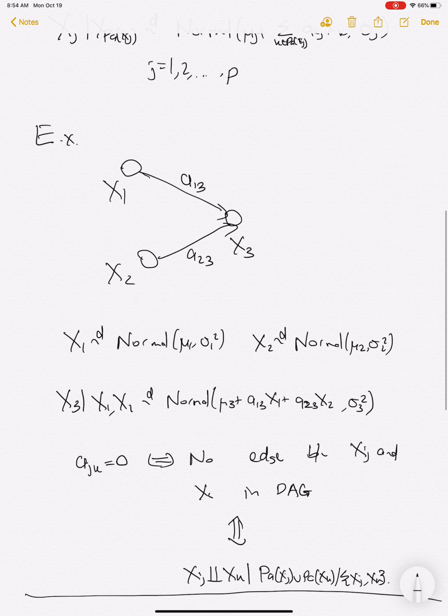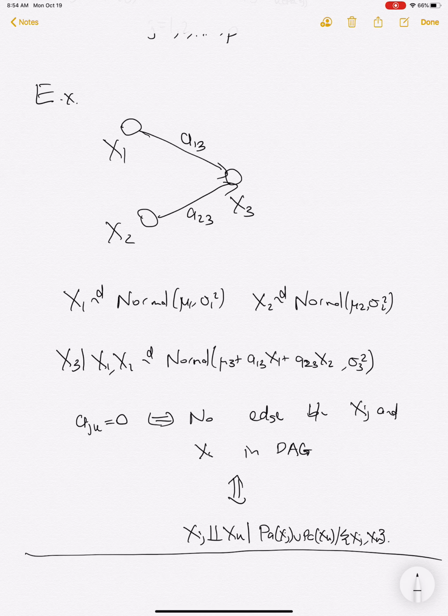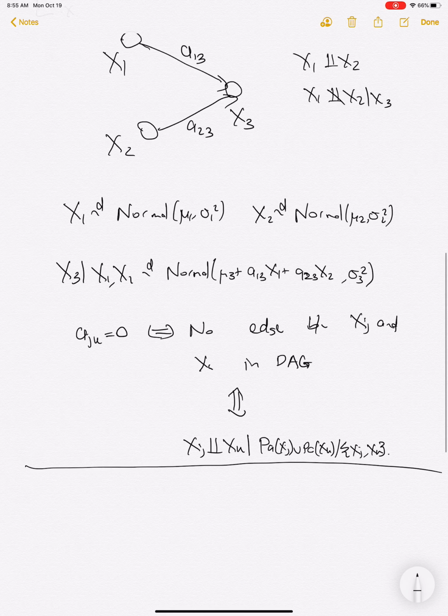Just to take a concrete example, we'll see this with two concrete examples that we've seen before. I guess this is not the confounding scenario, but the scenario where x1 is independent of x2, but x1 is actually conditionally dependent on x2 given x3, which is the scenario that we saw earlier.